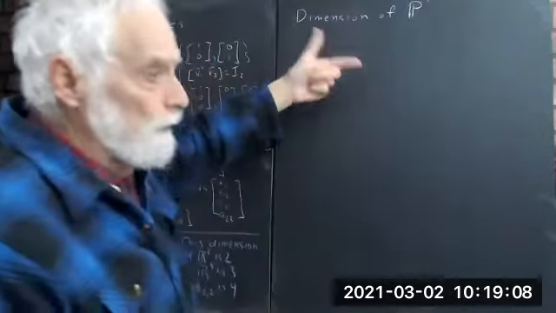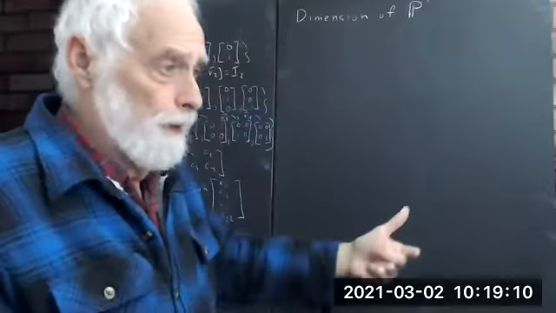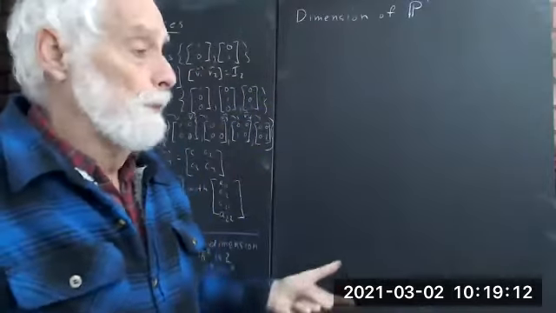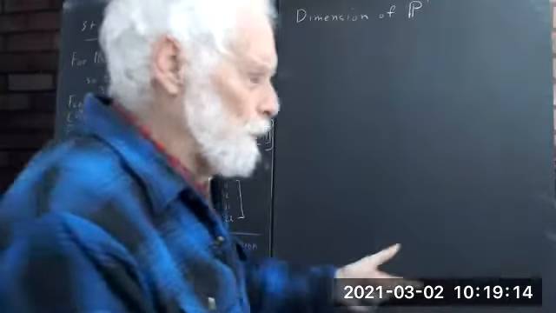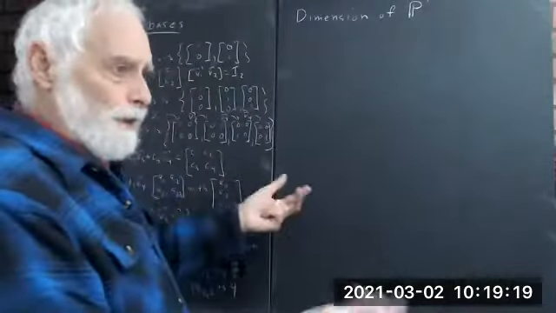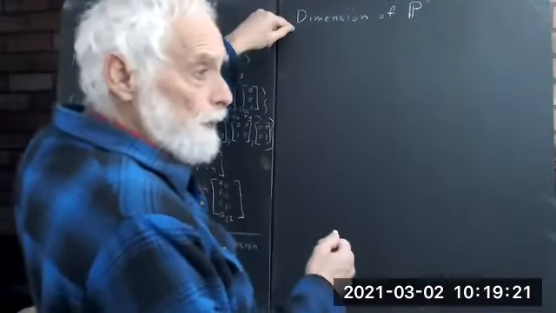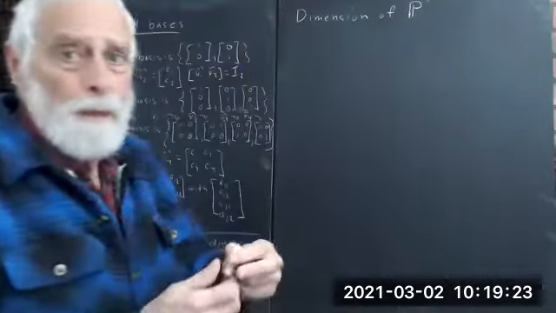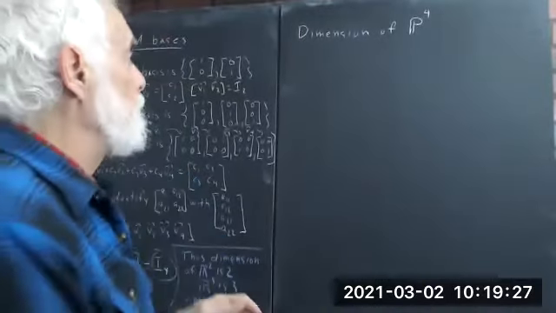And hopefully you understand what that is, because I'm not going to define it again. And presumably you've done the homework and you've worked with this space, so you understand exactly what I'm talking about. So the dimension of P4, and the camera isn't picking up the 4.